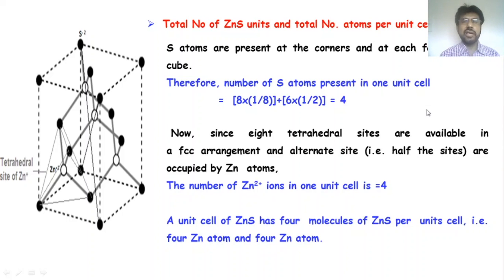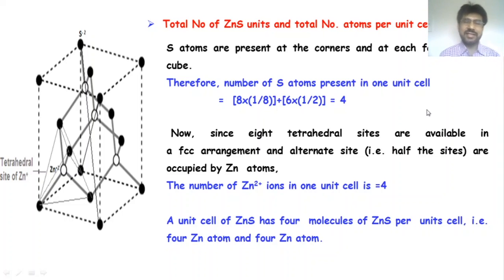Similarly, in case of the zinc atoms, there are the 4 zinc atoms which form the tetrahedral voids, so its contribution is full. Therefore, the number of the Zn atoms present in this unit cell are 4.